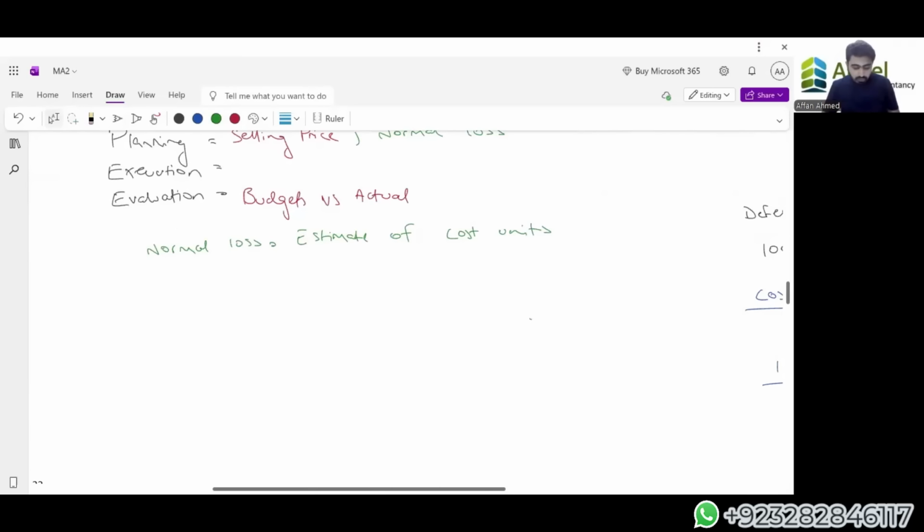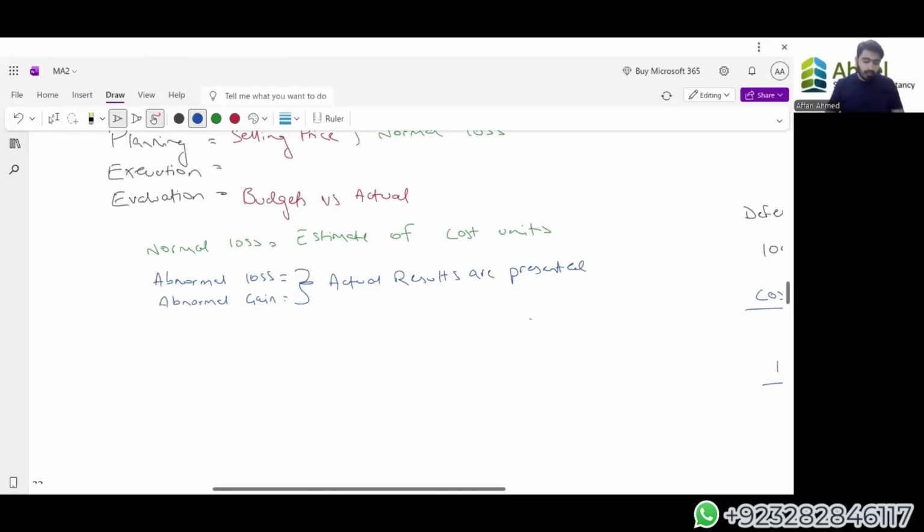So, abnormal loss or abnormal gain, both of them can happen, is a situation that occurs when actual results are presented.